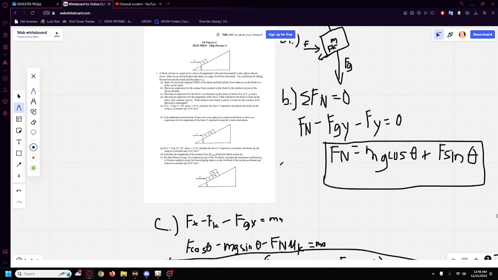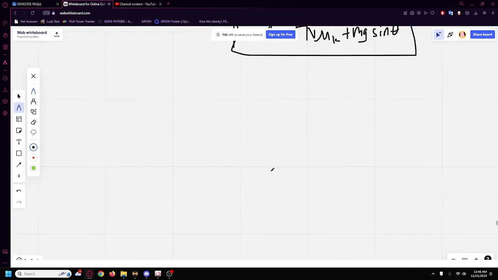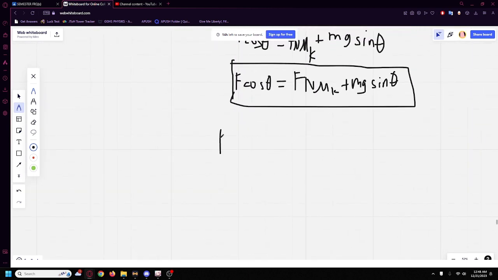For the second part, this has to be meaningful when F cosine theta is greater than F_N mu_k.